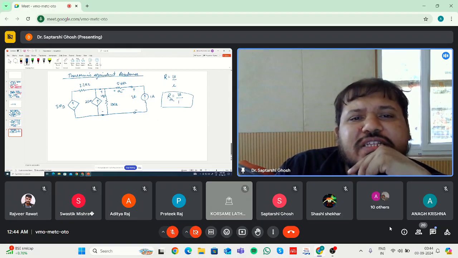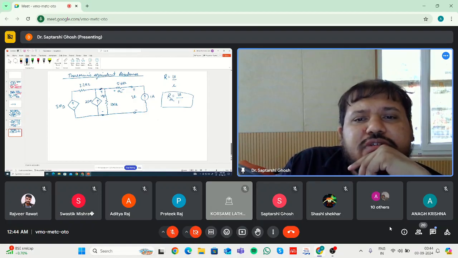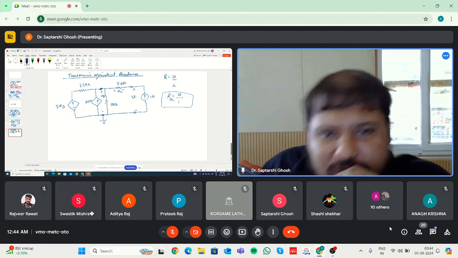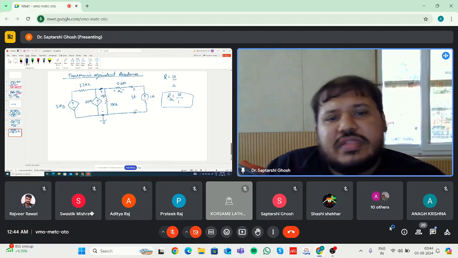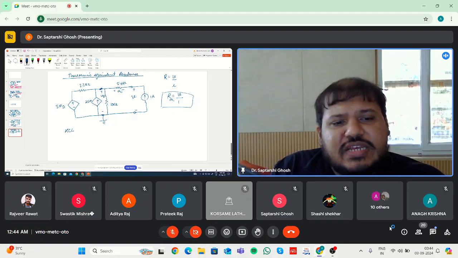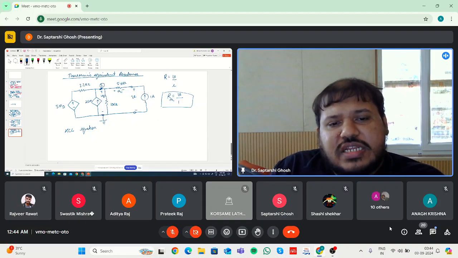If you consider this as a particular node, and this as, let us say, ground, then how to write the KCL equation? Let us say this is node 1. So, the KCL equation at node 1.